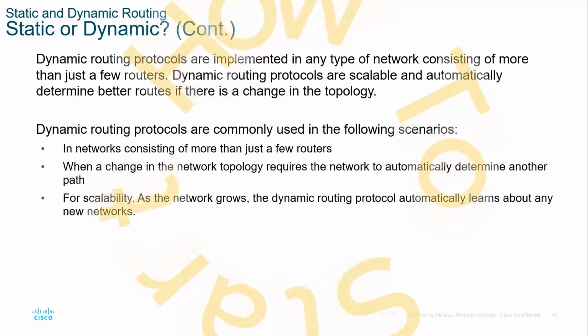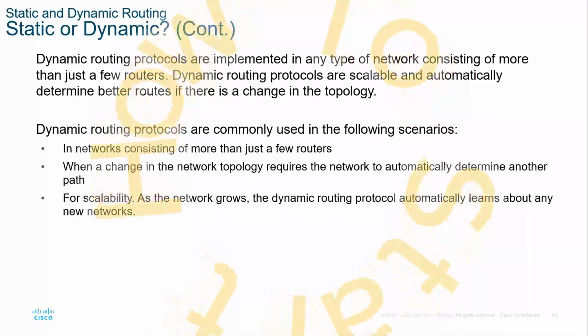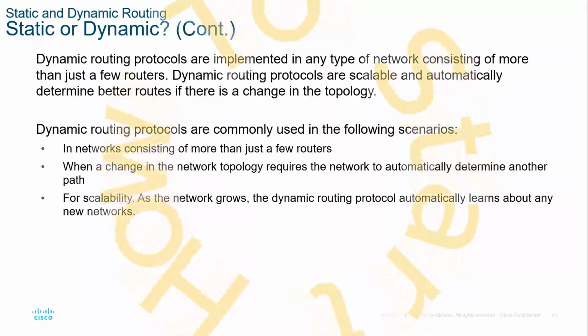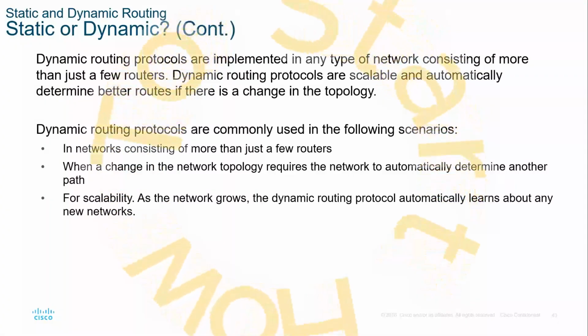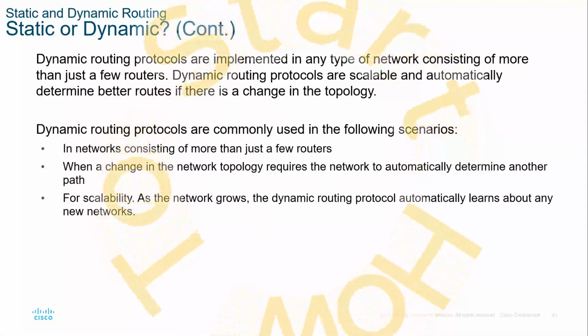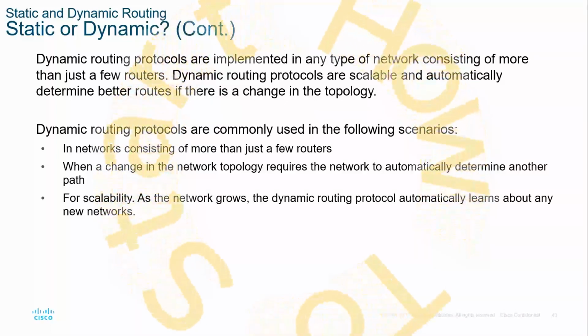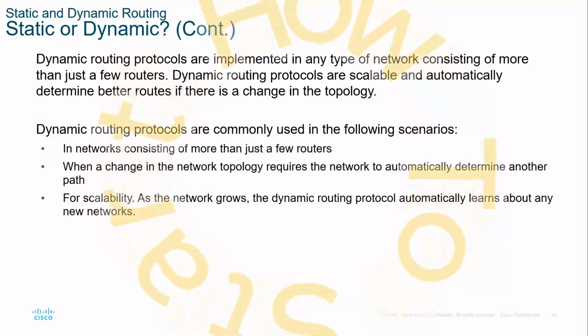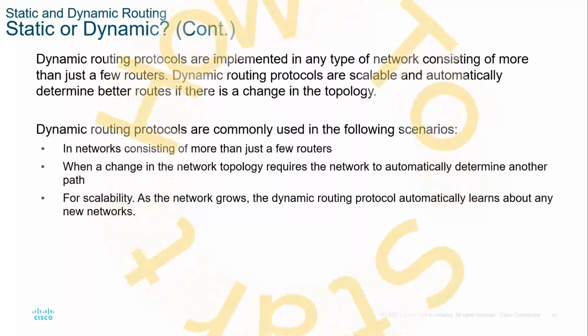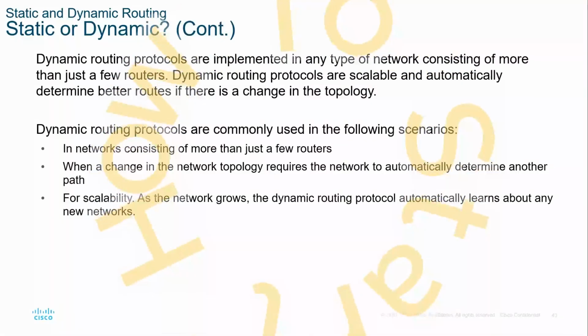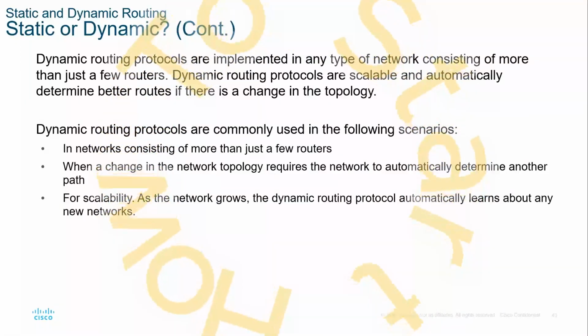Dynamic routing protocols are implemented in any type of network consisting of more than a few routers. Basically, the routers will share information dynamically and they will update one another. So scalability is there. Routing updates are automatically learned from one another.